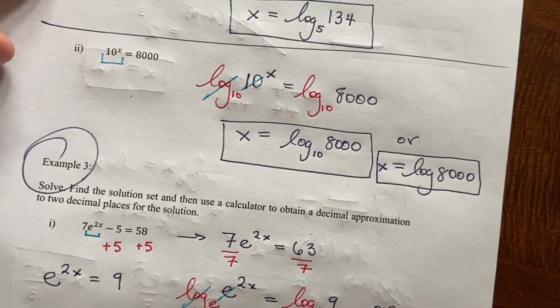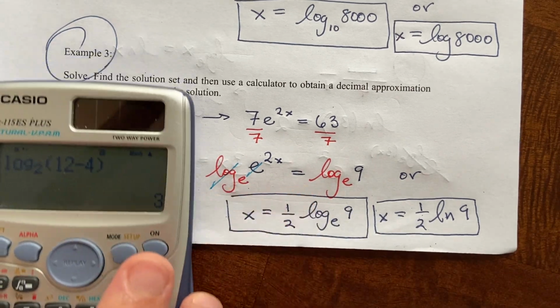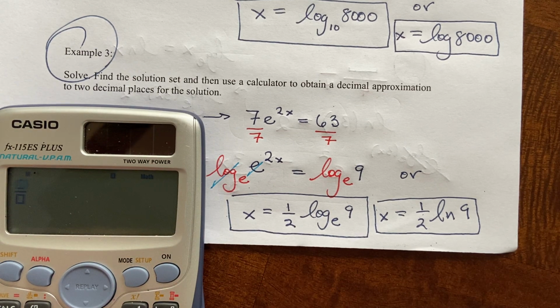I'm just remembering now, I don't think I approximated this one over here. So let's go ahead and do that. It said approximate after you find the exact solution. So I'll go ahead and type in 1/2 times log base e. So log, and then to get to e, I go alpha times 10 to the x.